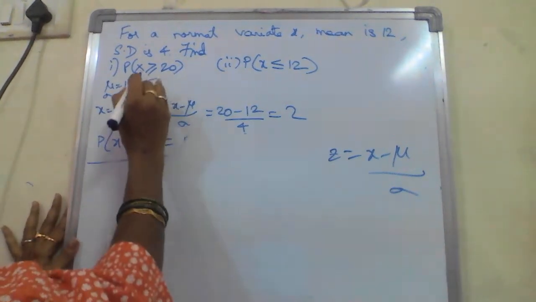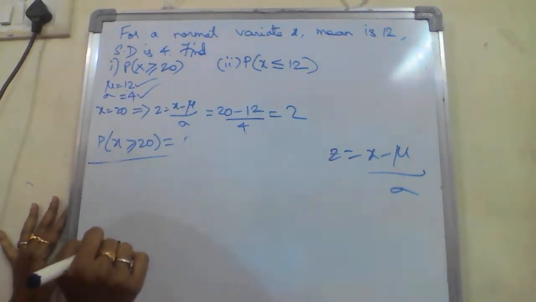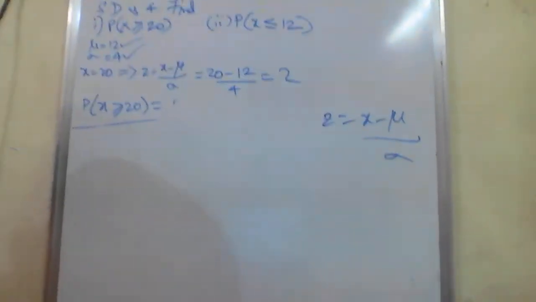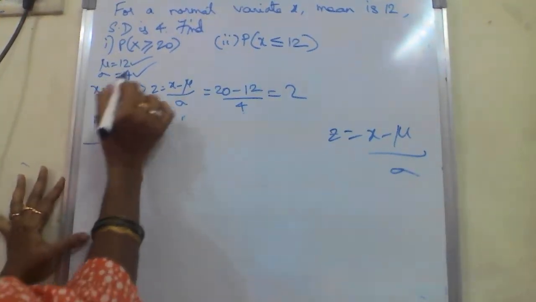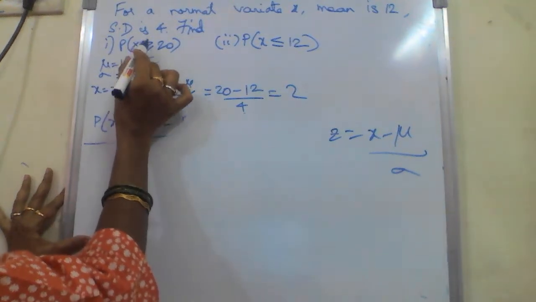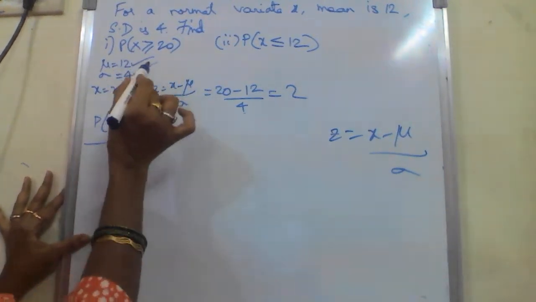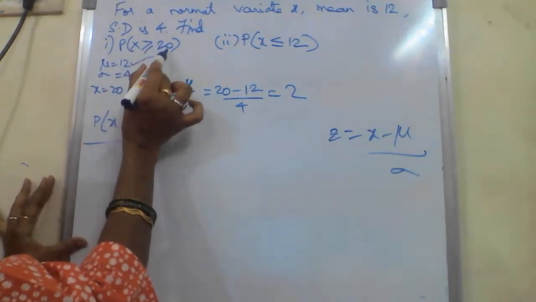So here we want to find the probability of x greater than or equal to 20. It is given as greater than or equal to 20, so what we do is assume the value of x as 20.